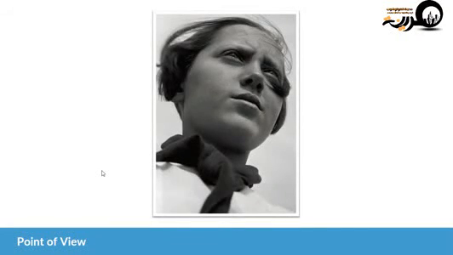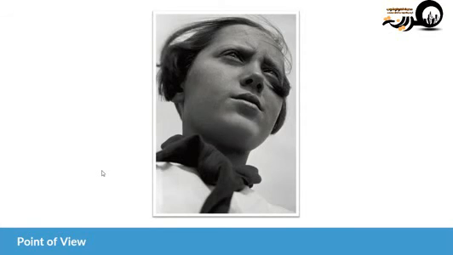So, point of view can create different feelings in an image as well. This is a really terrific shot from a Russian photographer named Alexander Rodchenko. And Alexander Rodchenko was a pioneer of different angles when it came to photographing. You may not think it, but there was a point where someone decided they would look up or look down when they were photographing.